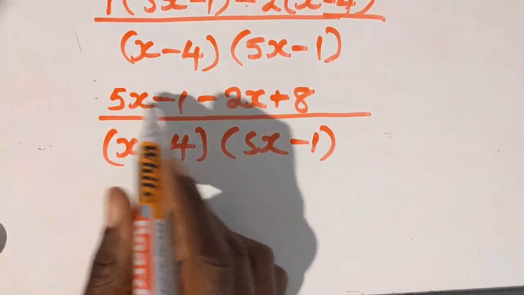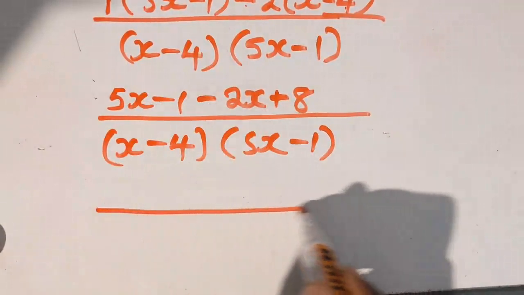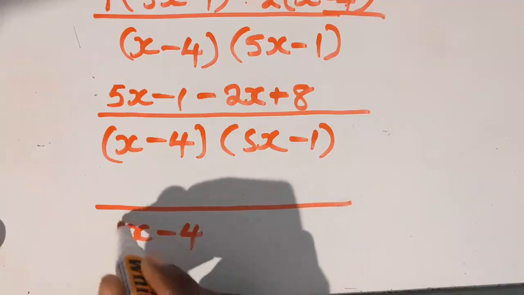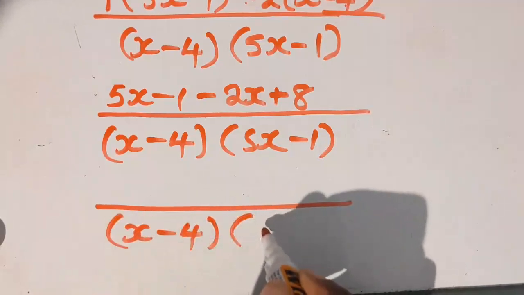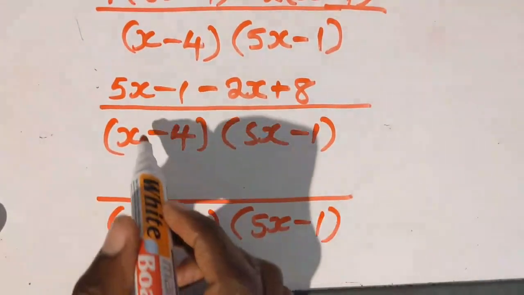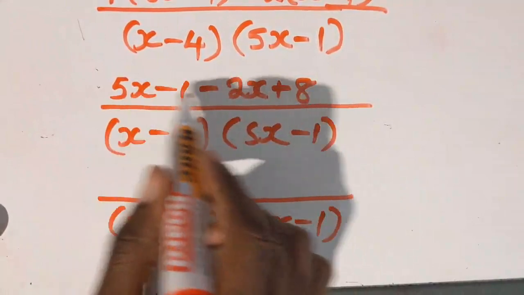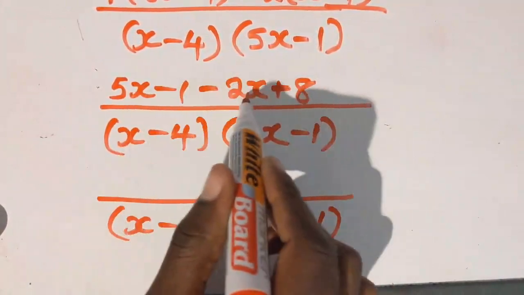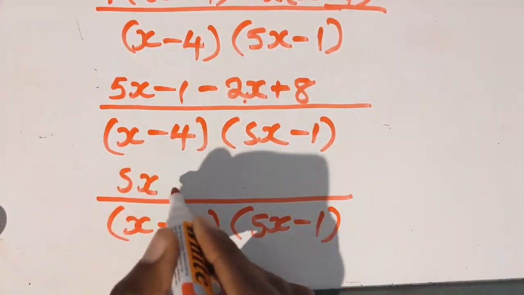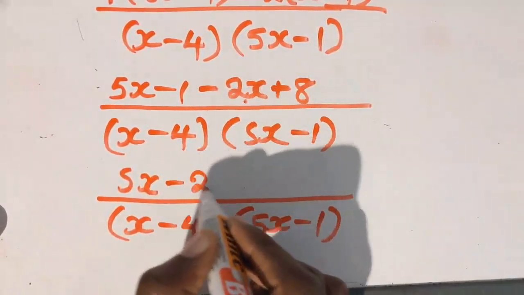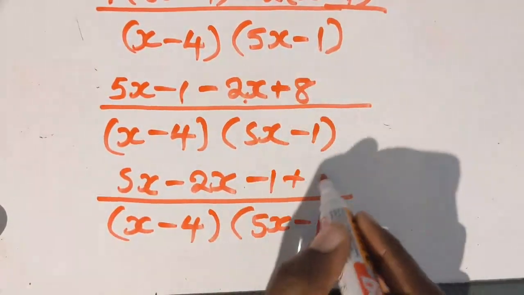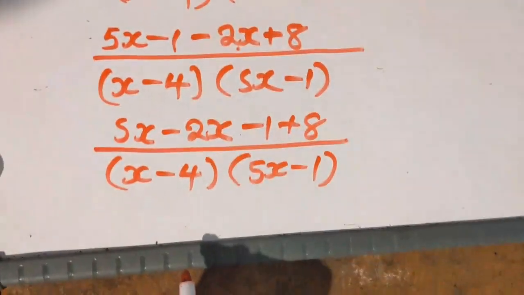You collect the like terms, but don't forget to bring down what is down here: x minus 4, then 5x minus 1. So you collect the like terms: 5x minus 2x, then this is negative 1, this is plus 8, like that.